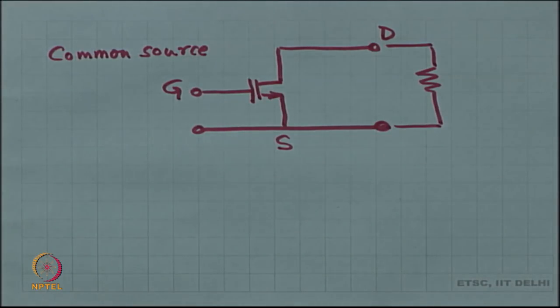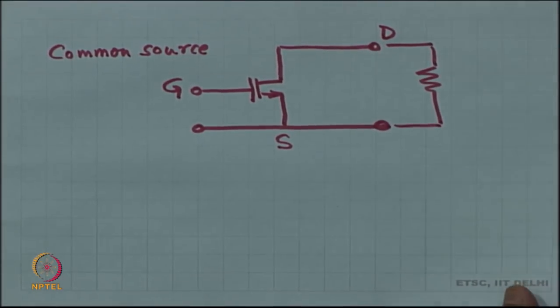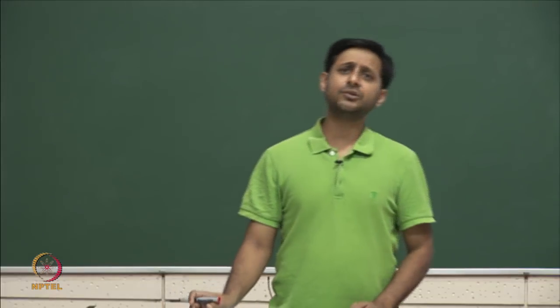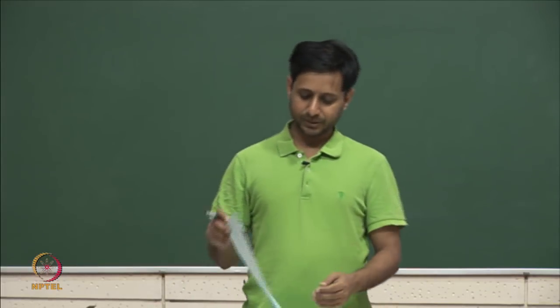And now of course, the other possibilities are to have the gate common and next the drain common. Okay. So, which one do you want to do first? Let us do the drain common first. Okay.